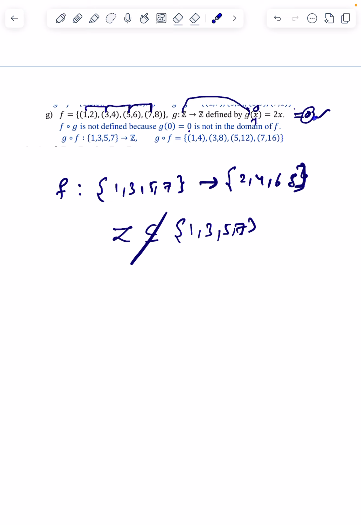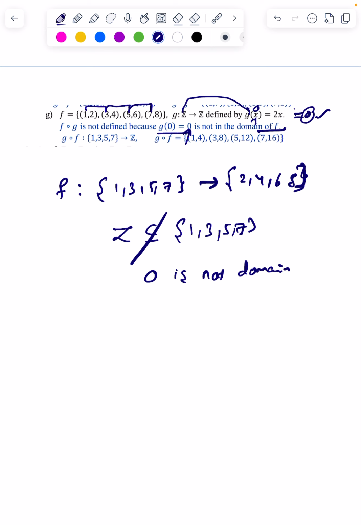So what we are going to prove is that this image value is not within the domain. That's why I am taking g of 0 equals 0. This is the image value of the 0 input. That image value 0 is not in the domain of f.